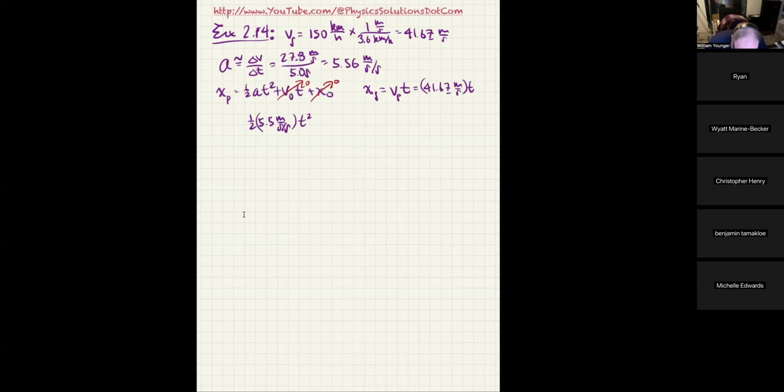That times t squared is equal to 41.67 meters per second times t. Clearly, this t is going to cancel with that t, and I get just plain t equal to 2 times 41.67 meters per second divided by 5.5 meters per second per second. So that will give you seconds.